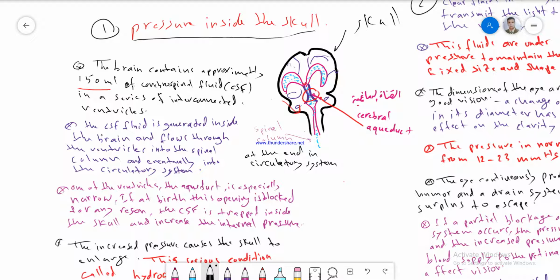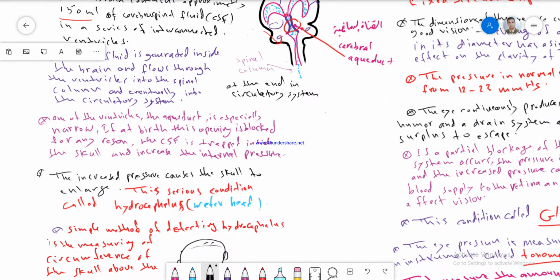The cerebrospinal fluid is generated inside the brain and flows through the ventricles into the spinal column and eventually into the circulatory system. This is the spinal column, in which the cerebrospinal fluid flows and eventually reaches the circulation of the body.